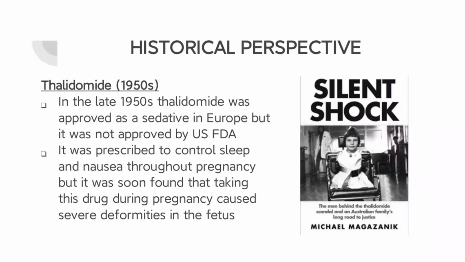Ano ba nangyari? Because it was prescribed to control sleep and nausea throughout pregnancy. However, anong nangyari? It was soon found out that taking this drug during pregnancy caused severe deformities in the fetus. So as you can see, ito, yan, wala siyang mga limbs, no?